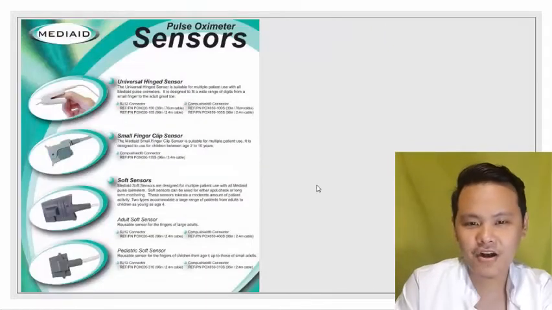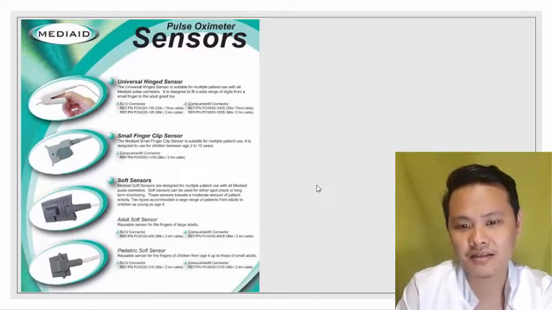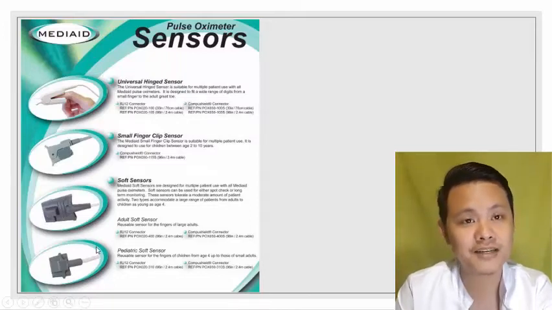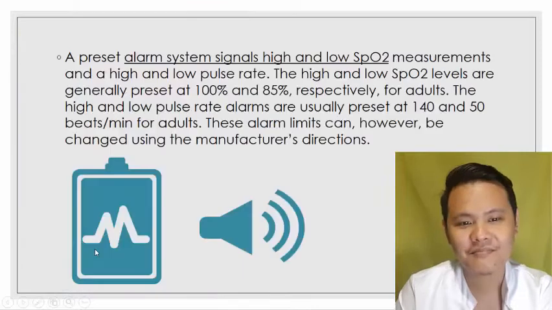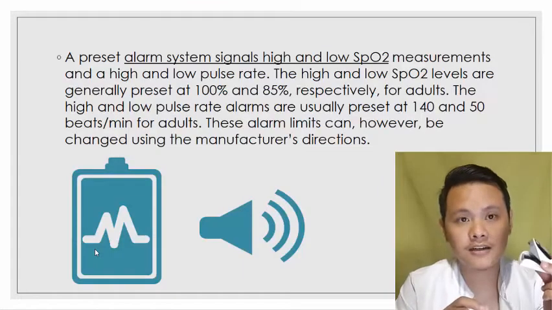Okay, next. How about the different sensors? As you can see here, meron tayong iba't ibang sensors. We have here the universal hinge sensor. We have here for the small finger. Then sa may baba, we have the soft sensors. And then the last will be the pediatric soft sensors. Pangbata po yan. For every pulse oximeter, there's actually a sensor.